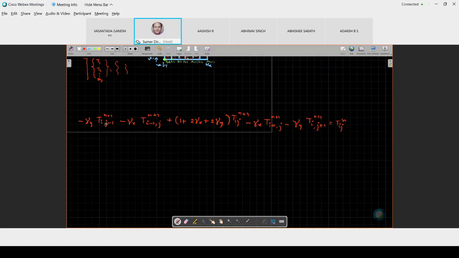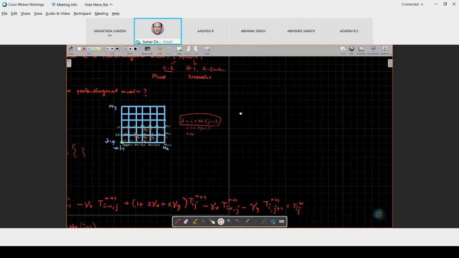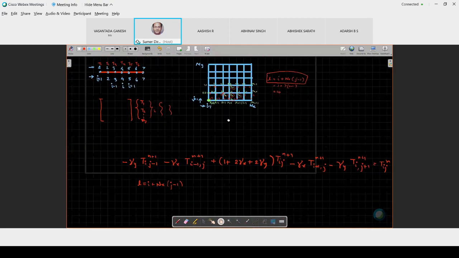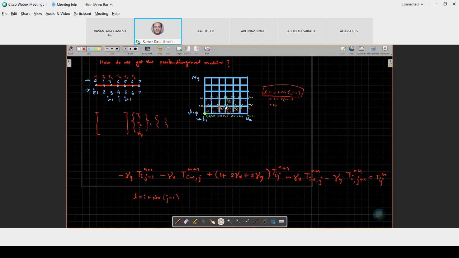If L is equal to I plus nx times j minus 1, then this particular ij minus 1 will become L minus nx, is it? So suppose we are looking at this ij, then this is I, this is ij minus 1.